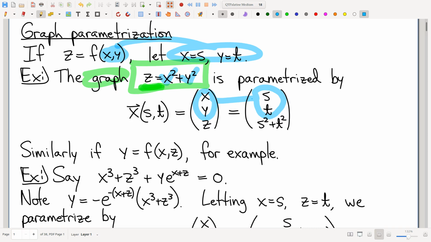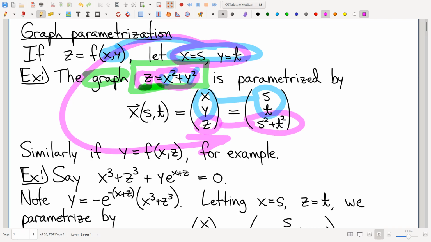So, okay, fine. Well, then what do I do with z? Well, it says right here that z is this function of x and y, but wait a minute, x and y are s and t. And so that forces me to pick z to be that.